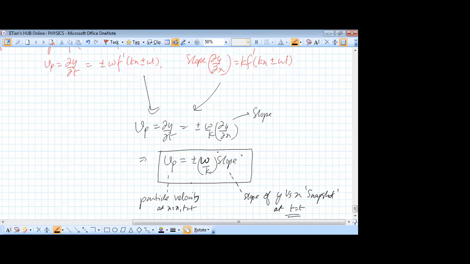Slope at that point x, where we are calculating the particle velocity. So this becomes another additional little concept you should know.